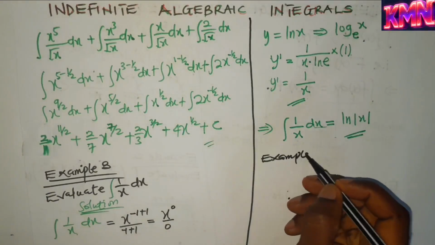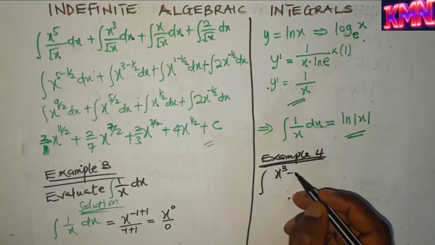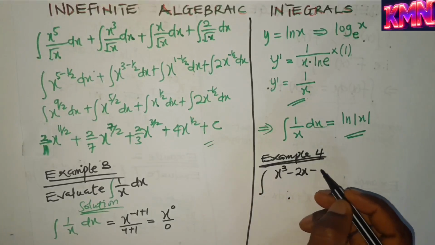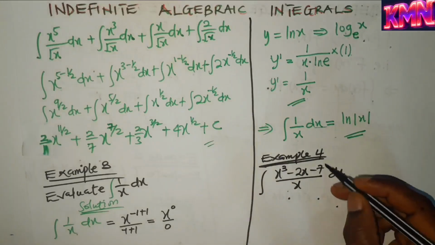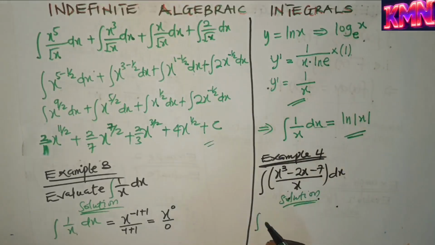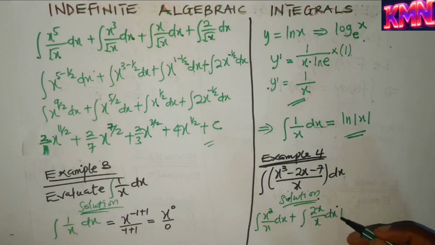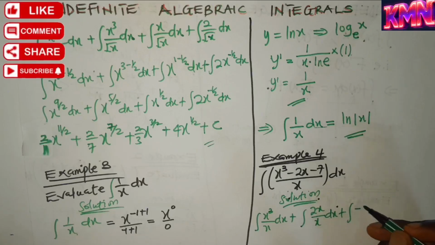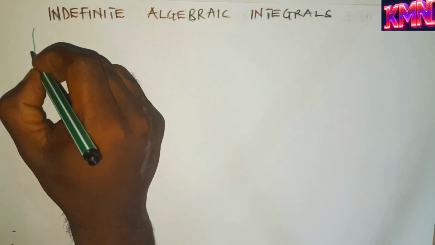Example 4. The integral of x to the power 3 minus 2x minus 7 all on x dx. We are going to get the integral of x cubed on x dx plus the integral of 2x on x dx plus the integral of minus 7 on x dx.